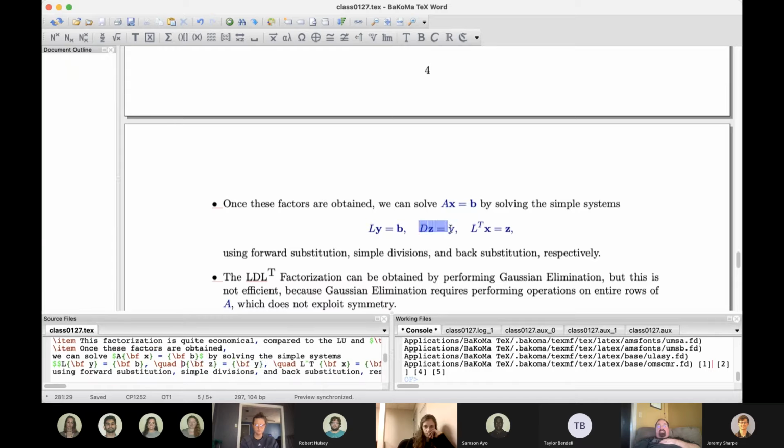So really, these two steps put together are essentially equivalent to back substitution that we saw before.